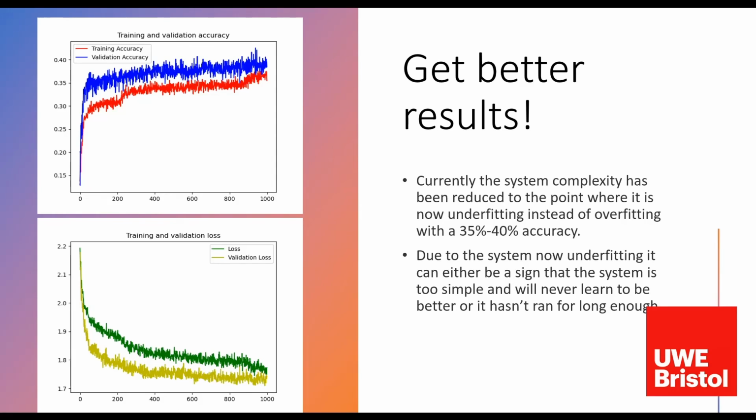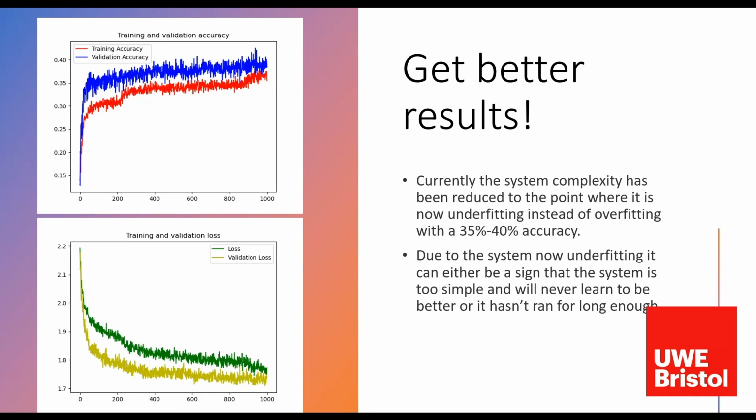That's usually because either the system is too simple and it can't learn at all, or it hasn't been run long enough. And you can see down here, after 1,000 iterations or epochs, it's getting to around 35 to 40% accuracy, which is pretty good.